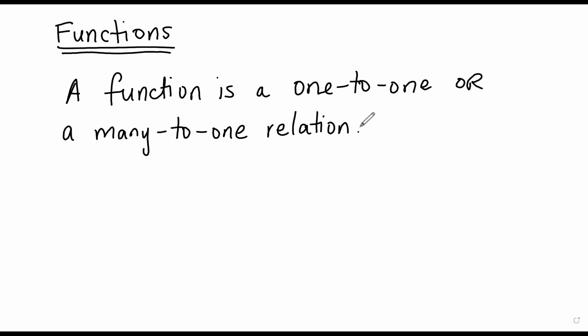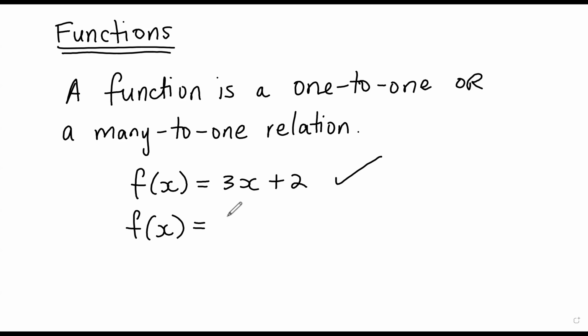An example of a function could be f of x is equal to 3x plus 2. This is a one-to-one relation. And then another example of a function could be 2x squared plus 3x plus 1, right?